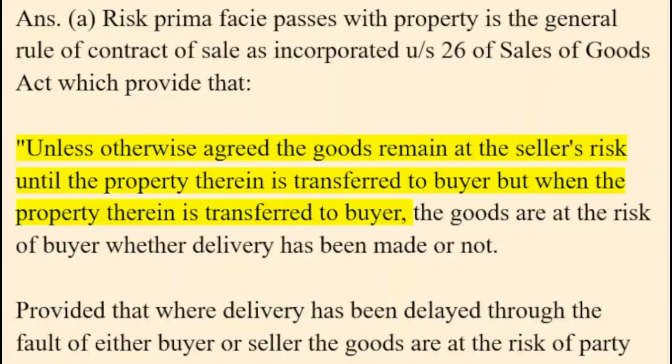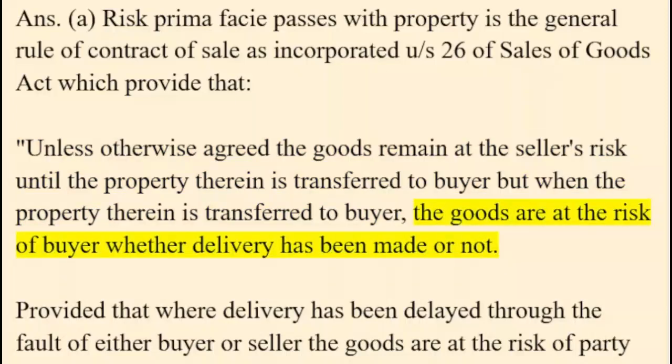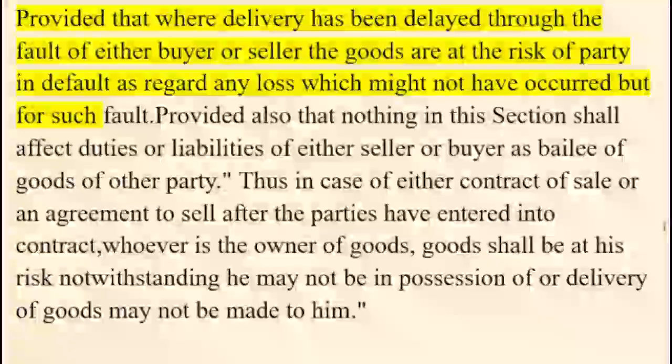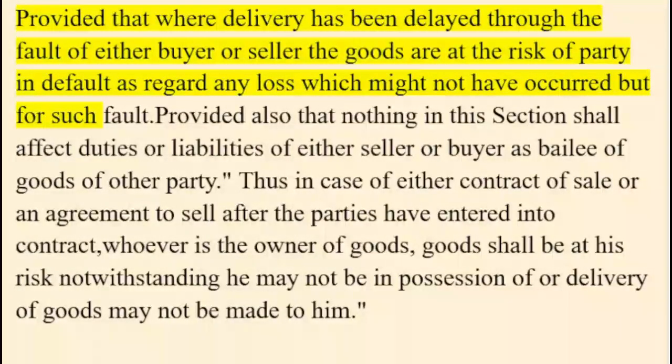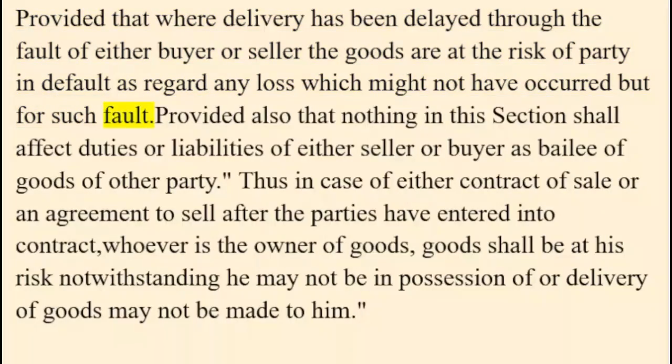But when the property therein is transferred to the buyer, the goods are at the risk of the buyer whether delivery has been made or not. Provided that where delivery has been delayed through the fault of either buyer or seller, the goods are at the risk of the party in default as regards any loss which might not have occurred but for such fault.